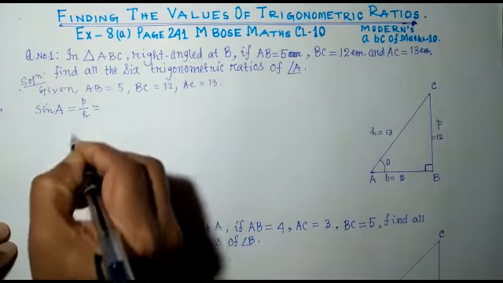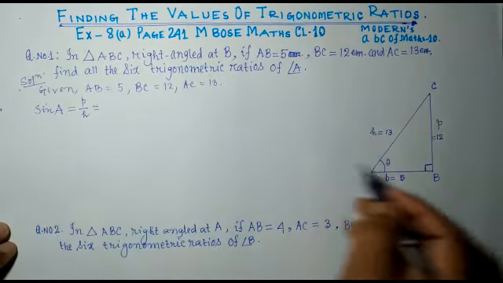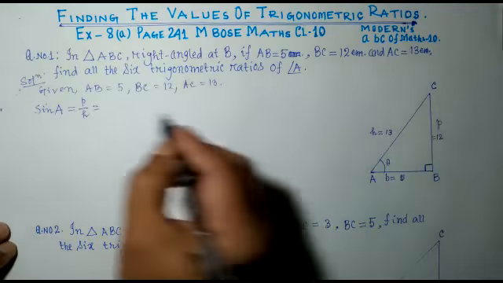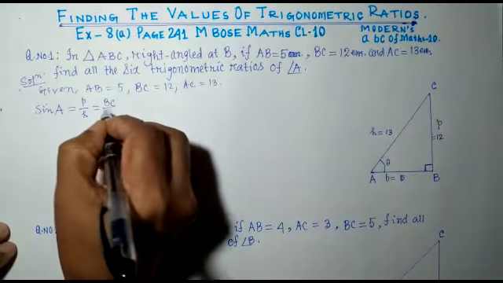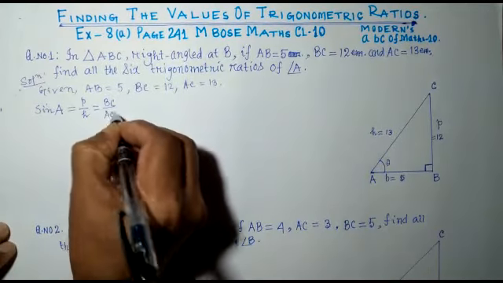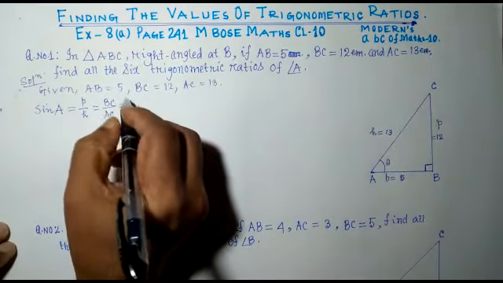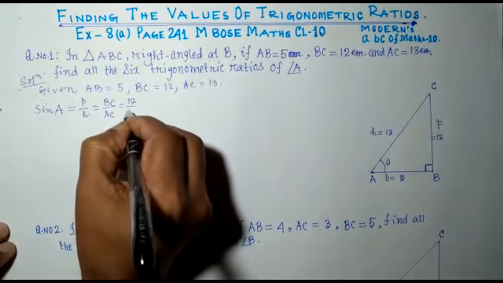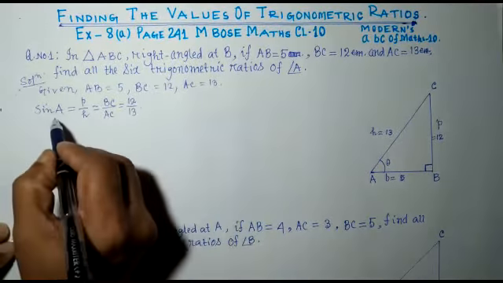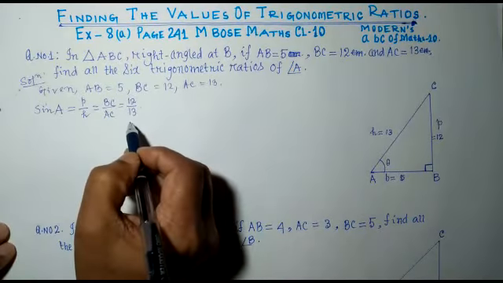And look here, what is perpendicular in the figure? It is BC, and hypotenuse is AC. BC is 12, and AC is 13. So we get sine A equal 12 by 13.